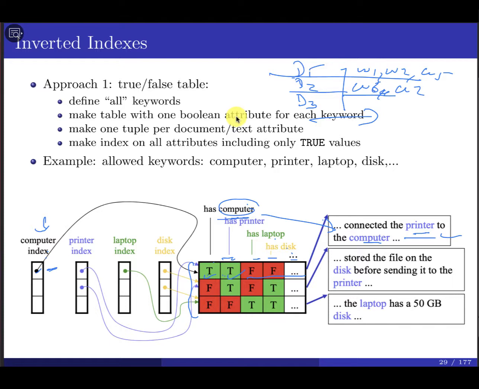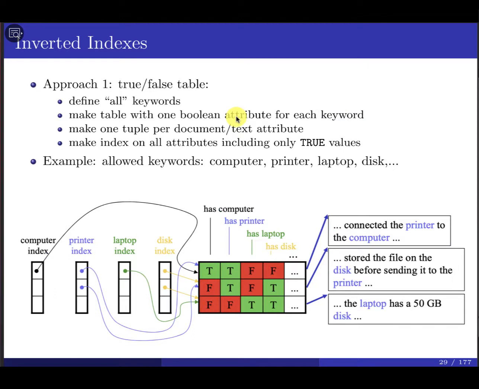So here it's going to only point to the first tuple. This printer index is going to have a pointer to all the tuples that have the printer as, let's say, keyword. So this one is going to have the first, and the second, etc.